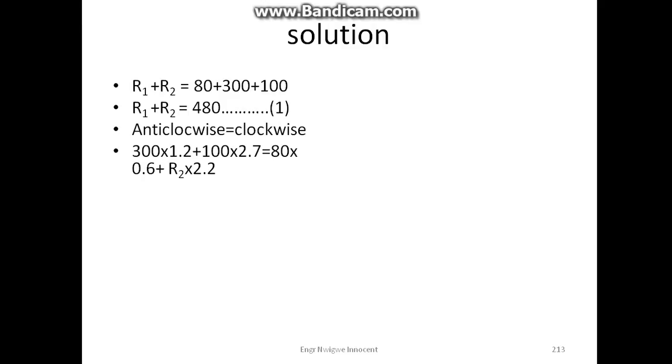Then this is equal to the anticlockwise moment, which is 80 Newton times 0.6 meters from the reaction R1, and R2, which is not known and is going anticlockwise, times the distance from R2 or DB, which is 1 plus 1.2.